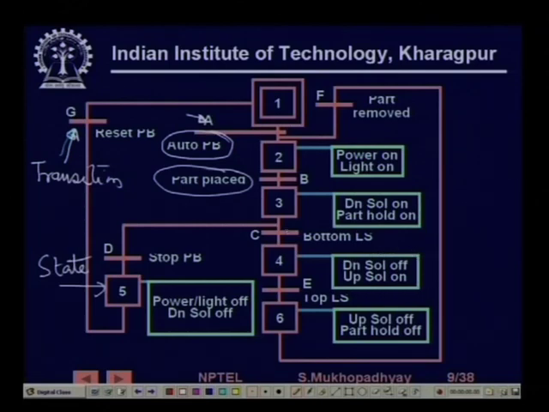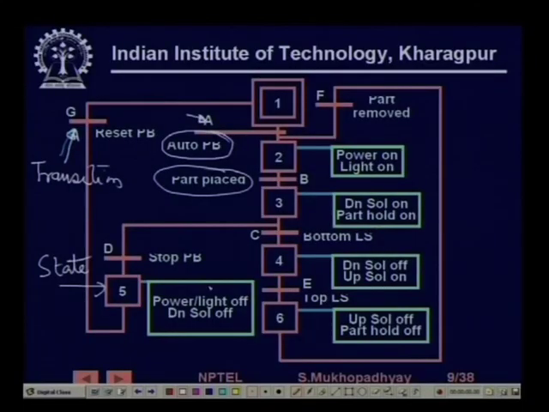On the other hand, if the stop push button is pressed before the bottom limit switch, it will come to this state where it will simply stop and put the power and light off. So, using a graph of nodes and edges, we can describe the behavior of the system unambiguously.